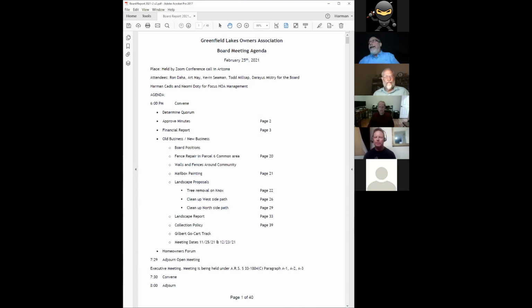While she's looking, I'd like to make a comment about something I'm reading in the chat about the board not taking a position. In order for the board to take a position, we would have to take a vote to find out how many homeowners were for this go-kart and how many were against. And then we would have to take that position because we can't represent ourselves. We have to represent the whole community.